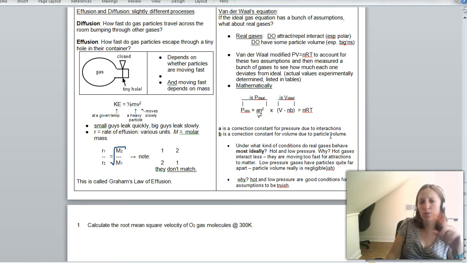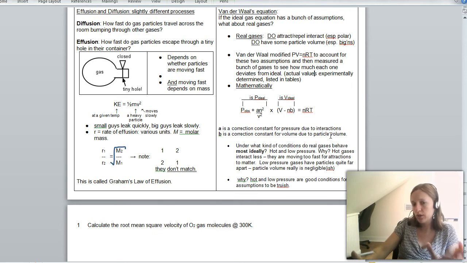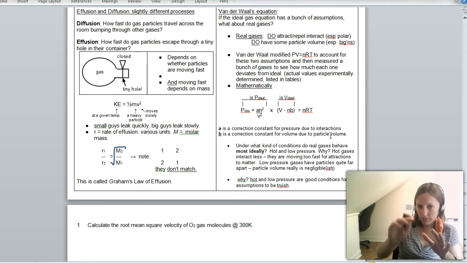So it's important to remember that hot and low pressure are good conditions for the assumptions to be sort of true. And so that's why when it's hot and low pressure, the ideal gas law works better. When it is cold and high pressure, the ideal gas law works less well.